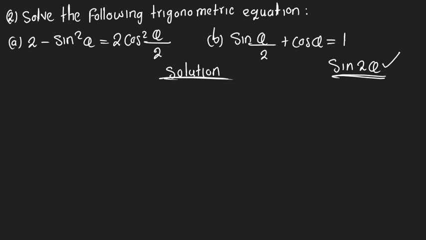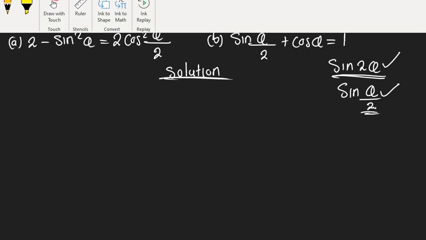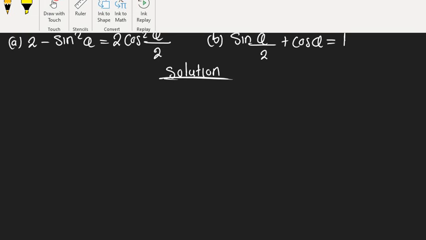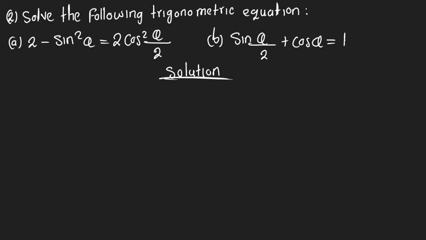Now, half angle is going to look like this. This time around, you're going to have your theta over 2. This is what we call half angle. These are half angles. Now, there are particularly 3 of them, but I'm sure by now you know them, so I'll just solve them so that you see how we solve.